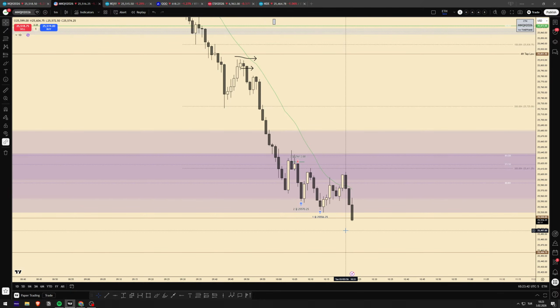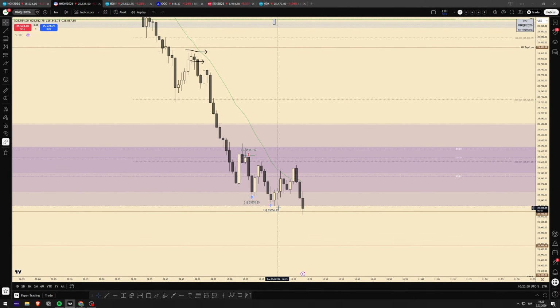Also, if price is going really fast, again, it probably gives more than one opportunity, right? I mean, I don't think this trade was the only opportunity for today.